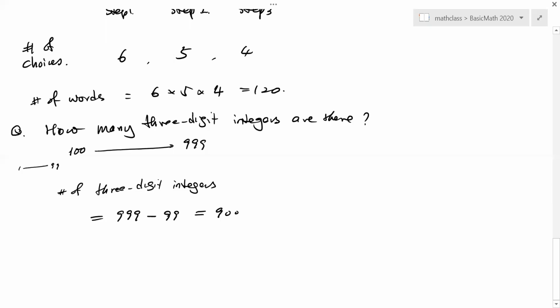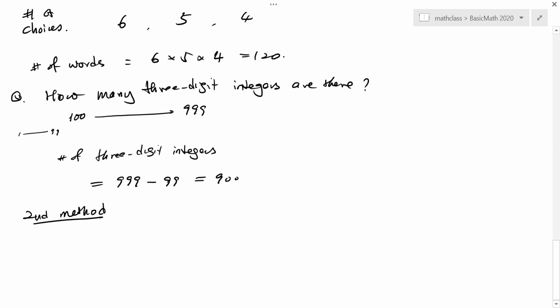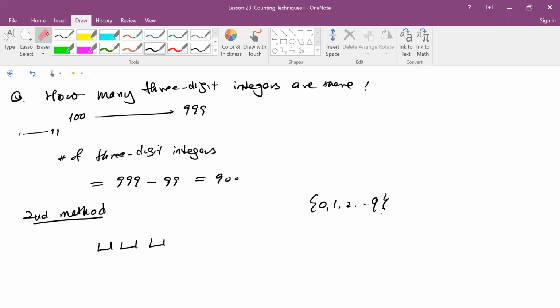Okay. But I'm trying to learn a new method here. Talk about new method, right? And to count them, the second method. That's what we want to do. Okay. You have the digits, right? 0, 1, 2, all the way to 9. So when you write down a 3-digit number, how do you do that?